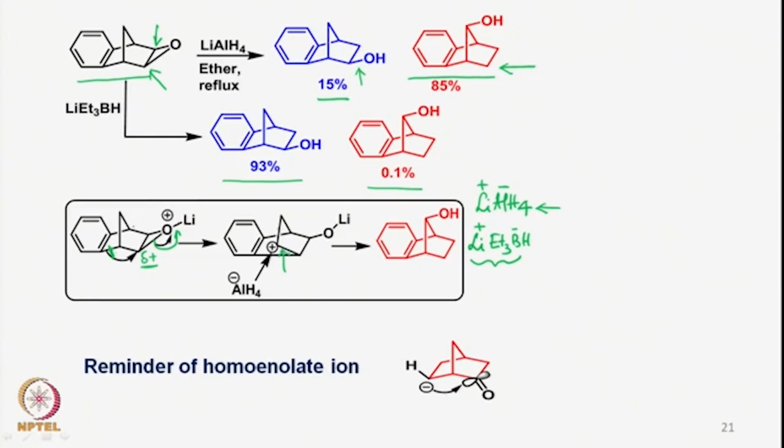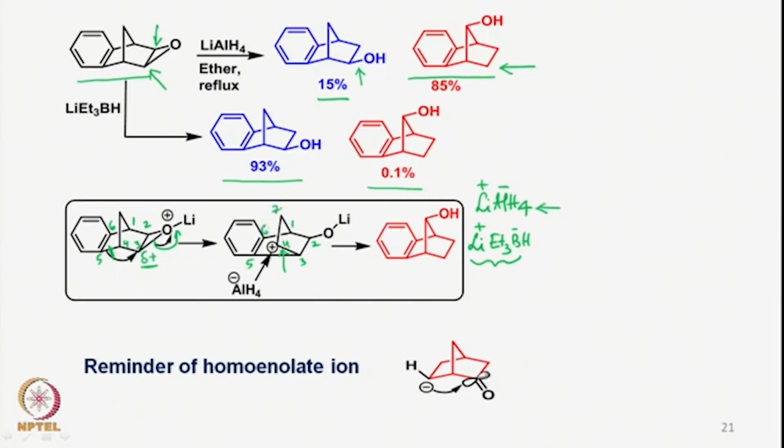So, if you look at it, if you number these, you have 1, 2, 3, 4, 5 and 6. So, we have here 1, then 2, then 3, then 4 here, then 5, 6 and 7.